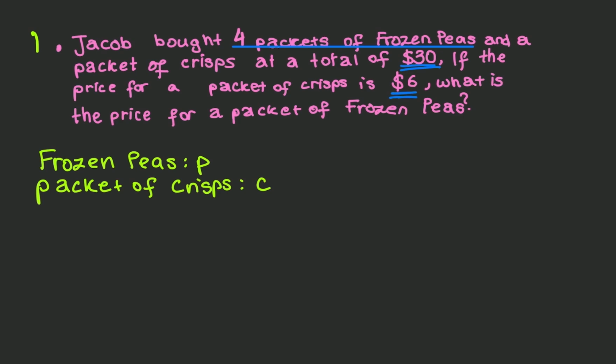So they say 4 packets of frozen peas and 1 packet of crisps at a total of $30. So that would mean 4 packets of frozen peas plus 1 packet of crisps equated to a total price of $30.